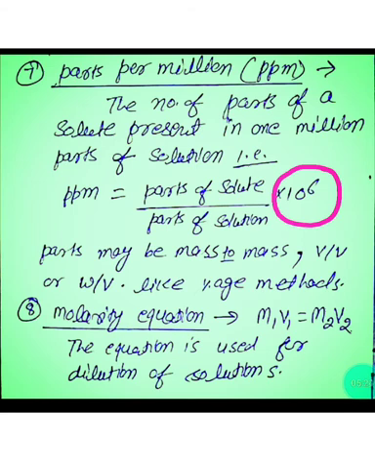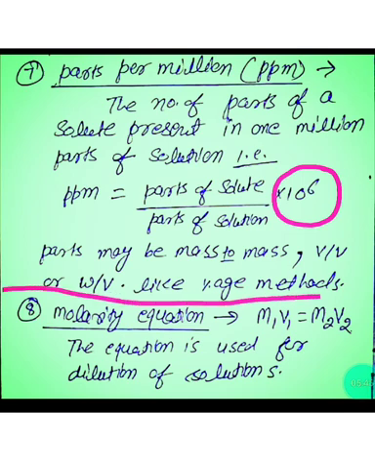The point to note is that this method is used in case of very dilute solutions like pollution in air, pollution in water caused by some special components like chlorine, sulfur dioxide, etc.